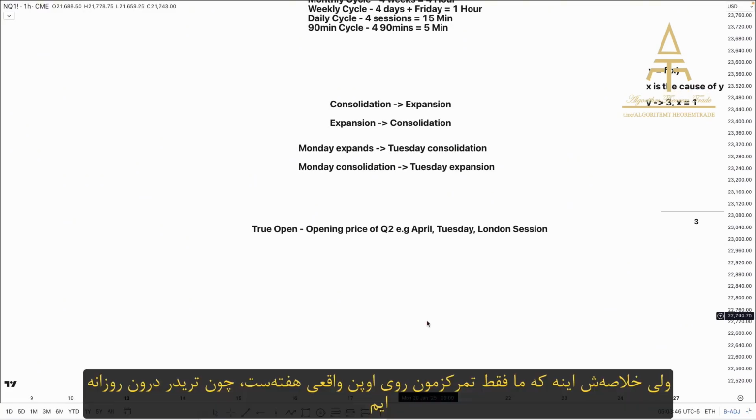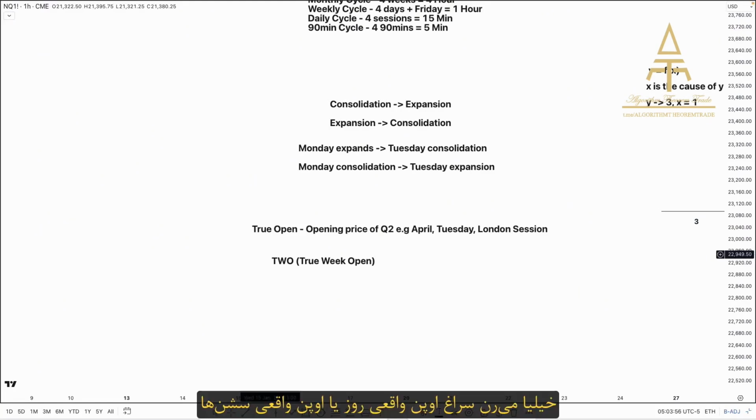But to put it simply, we will only be focusing on the true week open as intraday traders. Many people will be focusing on the true day open and the true session open, but you will find that price doesn't necessarily trade in the way that the true day open or true session open says that price should trade.